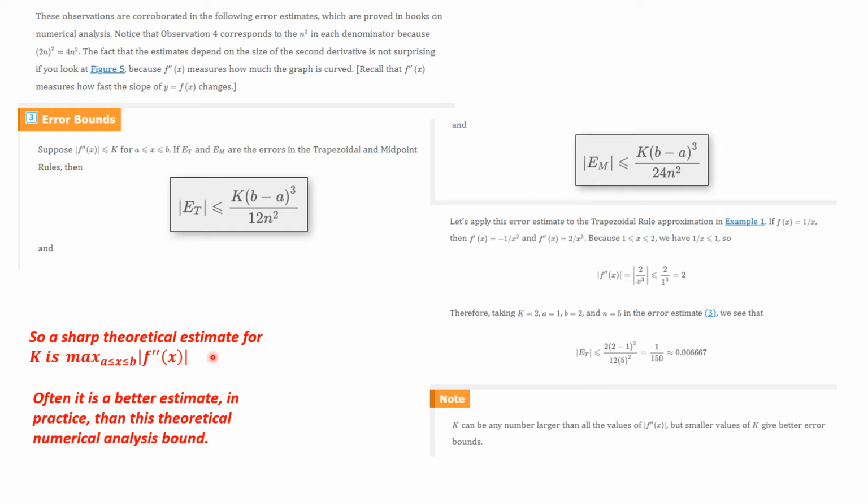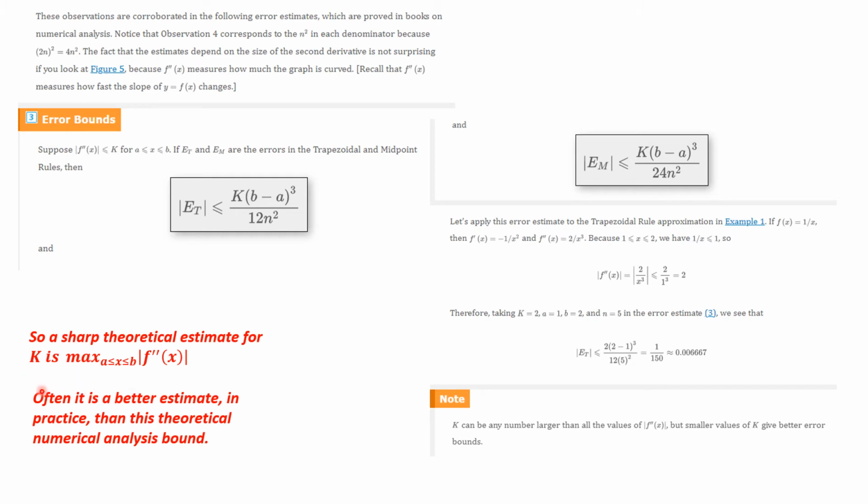And from Calc 1, you know that if f double prime is continuous, there in fact is a maximum. But even though this is theoretical, often in practice the results using the trapezoidal rule are good. You see it was good here, and in practice it's even better. K can be any number larger than all the values of f double prime of x in absolute value, but smaller values give better error bounds.